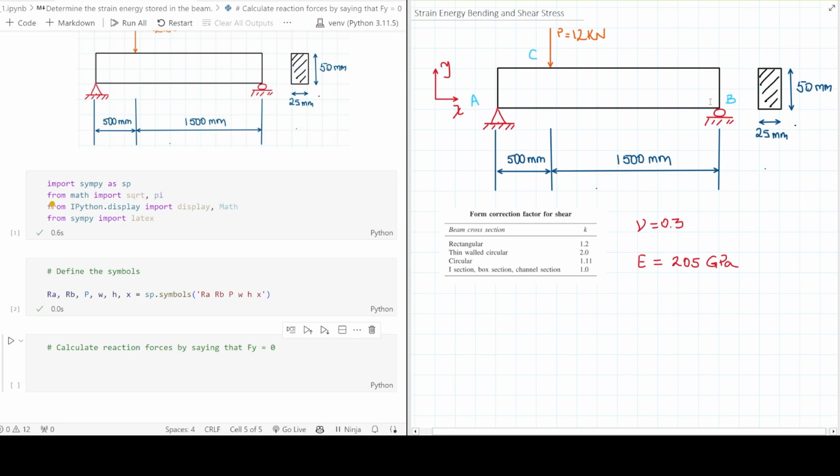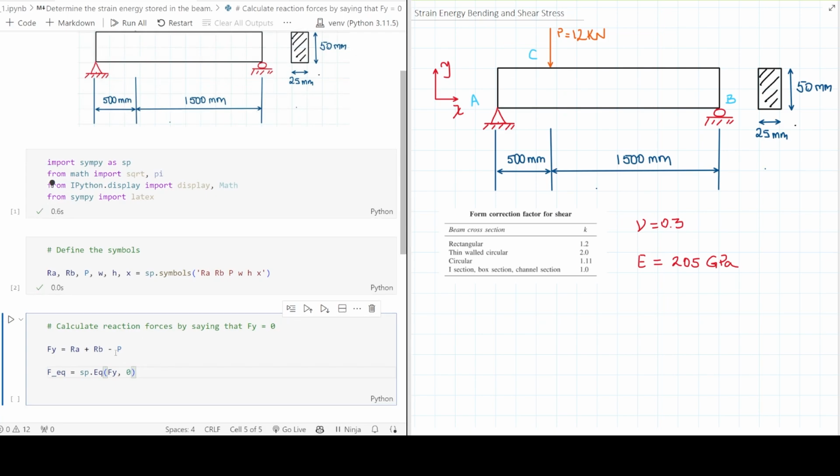Reaction on B is going to be pointing up also, and then the load P. So I'm going to call this Fy, and that's going to be, look at this, Ra plus Rb minus P. That is correct. This is the sum of forces in Y, and then I need to say that the force equation, I'm going to call it like that, is an equation where all of this is equal to 0.